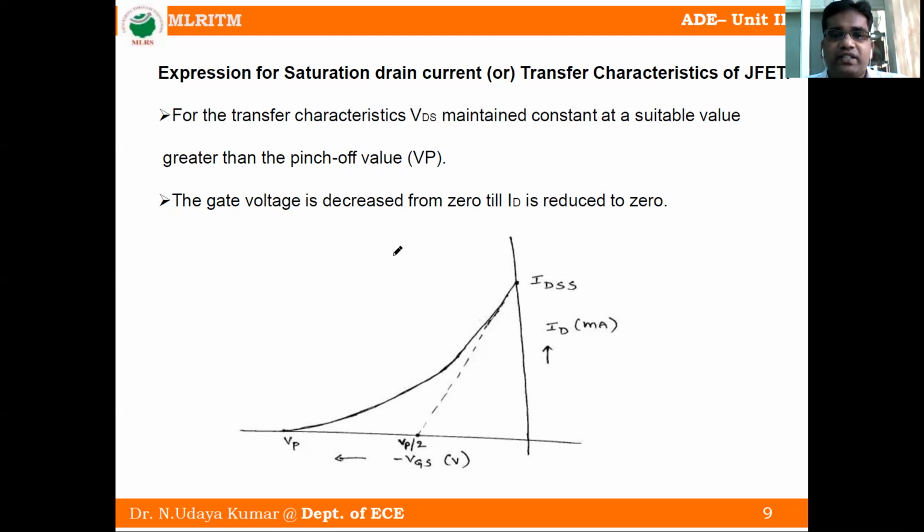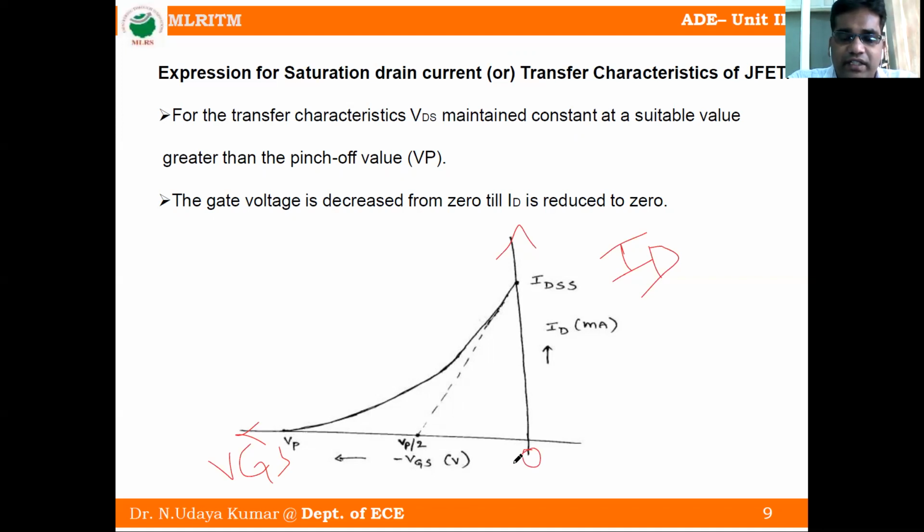So the gate voltage is decreased from 0 until ID is reduced to 0. Here you can observe the y-axis is ID, the drain current, and the x-axis is VGS, the gate voltage. This is the origin.